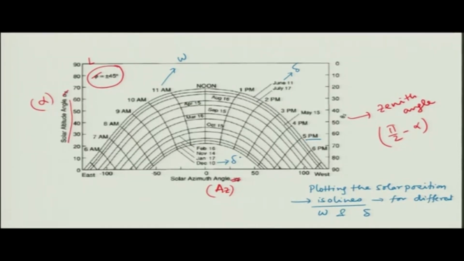So, in this plot, the information you have is the alpha and AZ for different omega and different delta, okay, and the whole plot is valid for a given location.